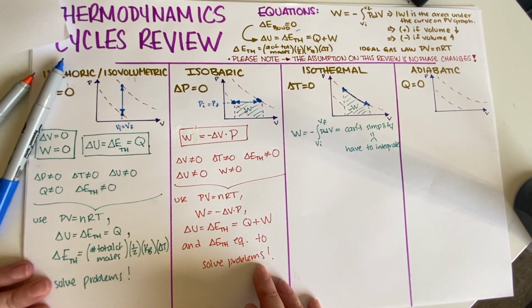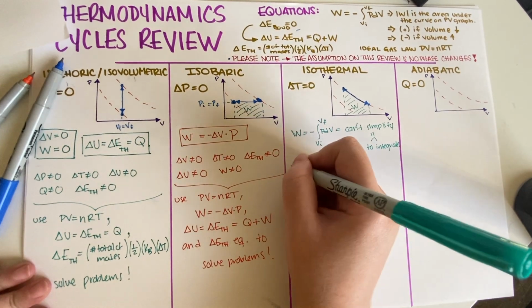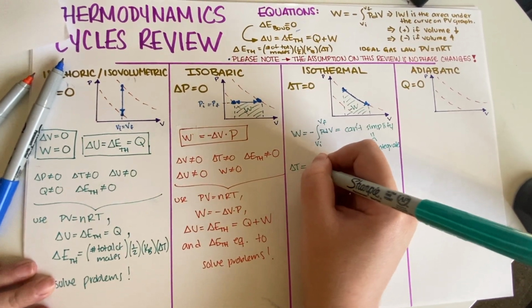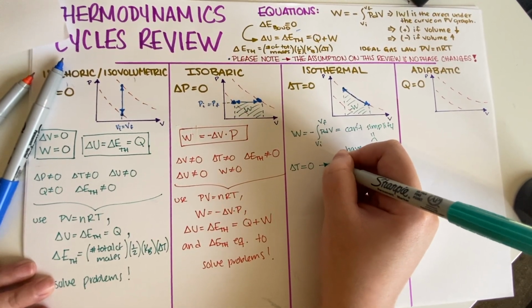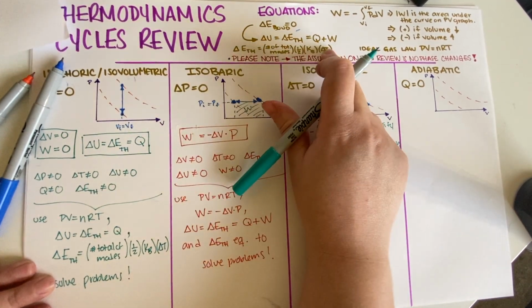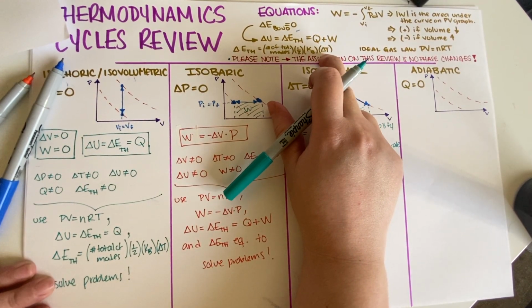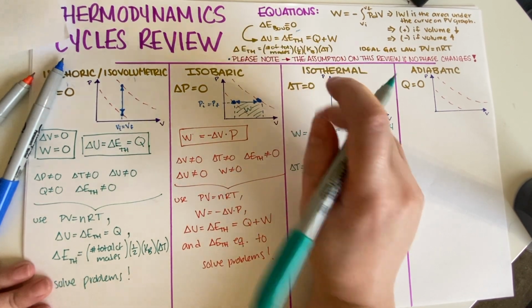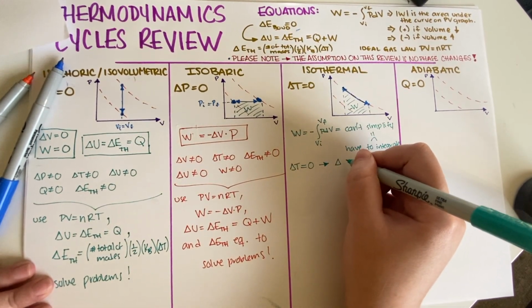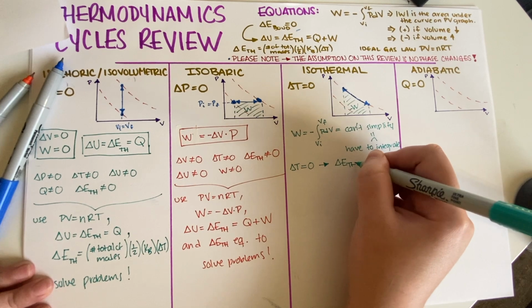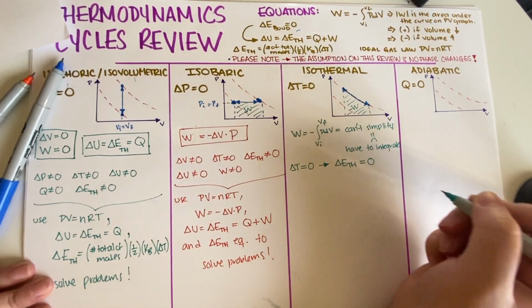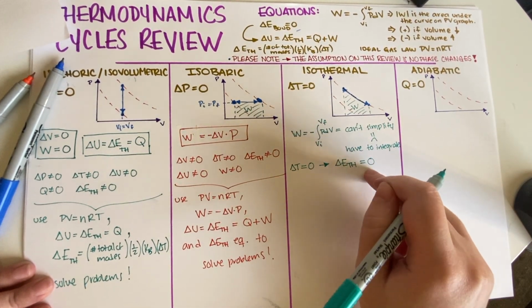The thing that does simplify is that because delta T is equal to 0, the change in thermal energy is equal to 0, because you will be multiplying times 0 over here. So this is equal to 0.